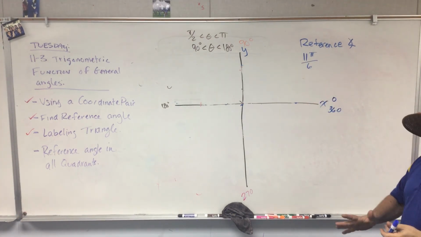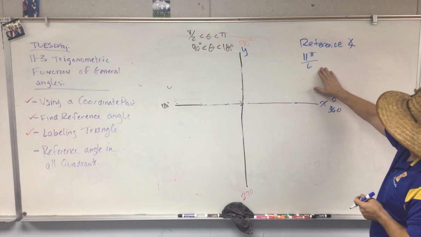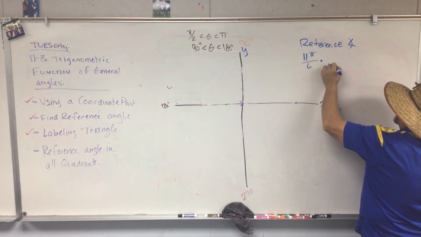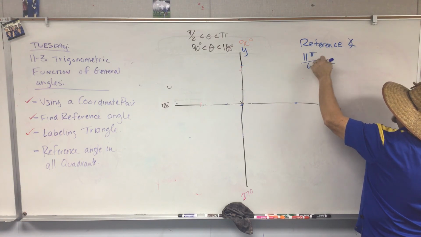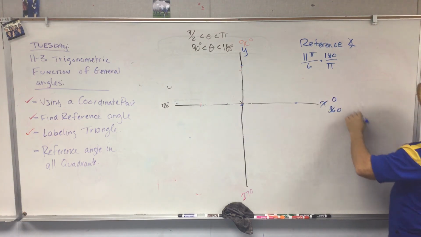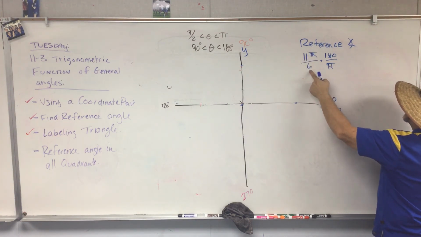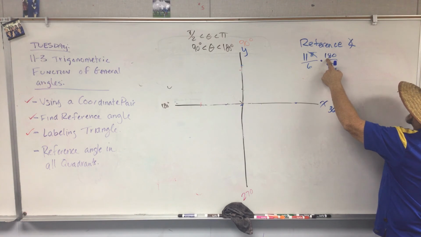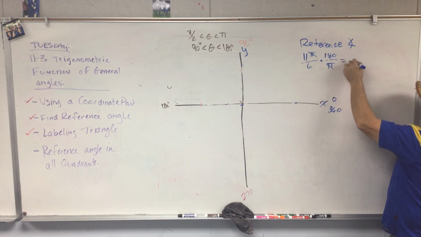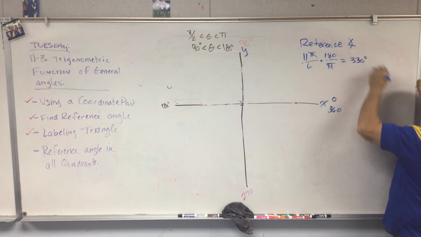Oh, what do I do? It's in radians. Easiest thing to do, convert it to degrees. So we're going to do 180 over pi. This is where all those little conversions come in. Pi's cancel. 6 goes into 180 30 times. 30 times 11 is 330 degrees.